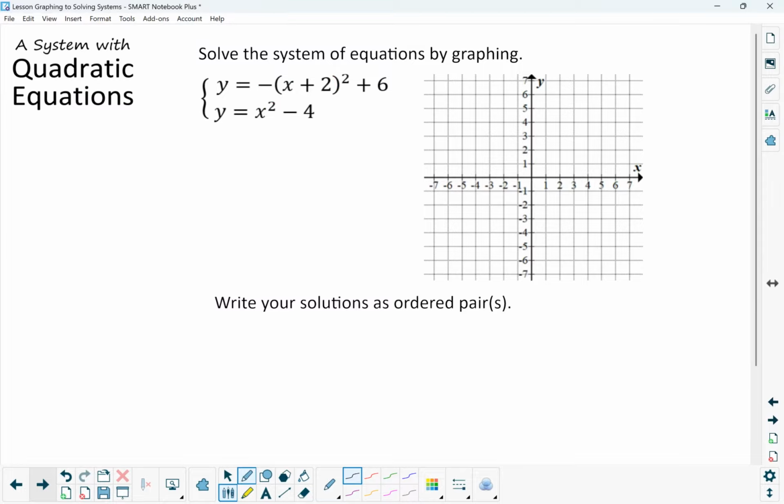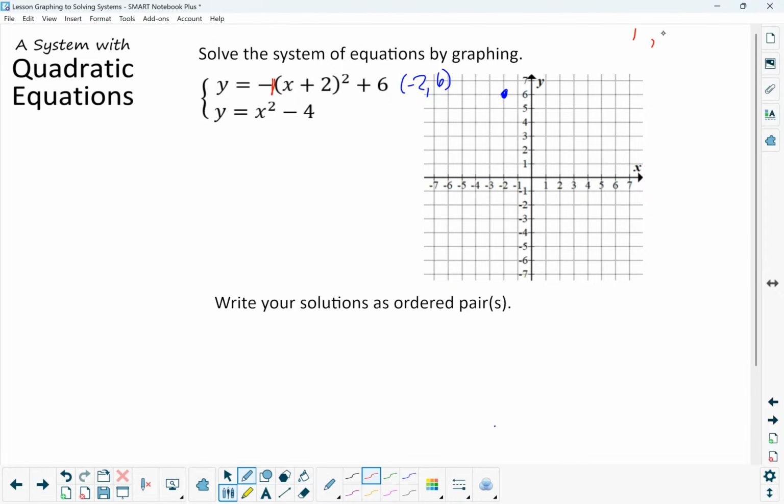Okay, so this is another system that has two parabolas. Our first parabola has a vertex at -2, 6. Now this parabola has a negative at the beginning. That's like a -1.